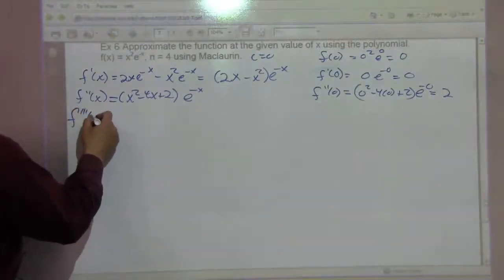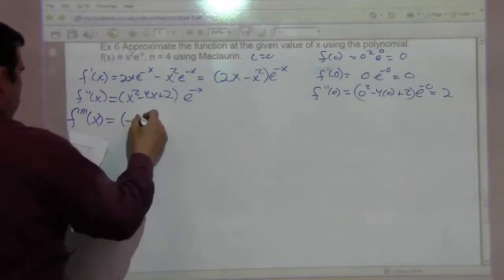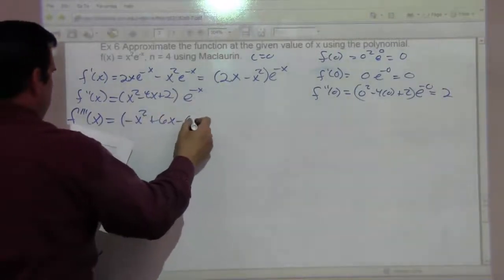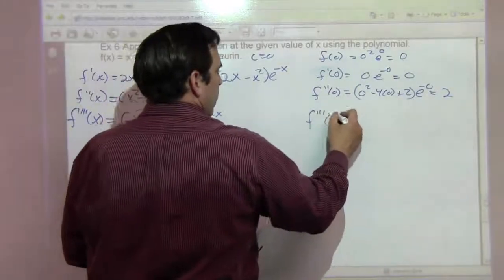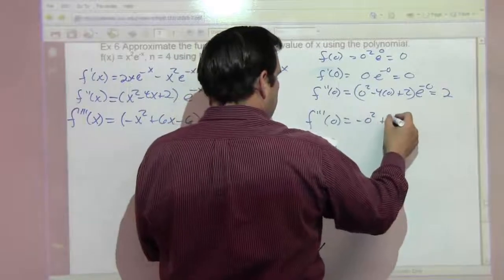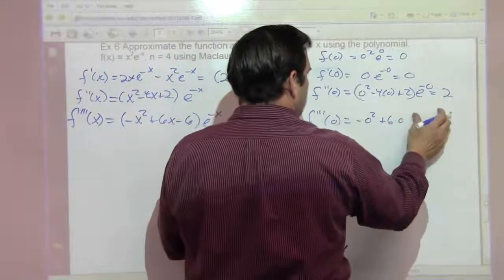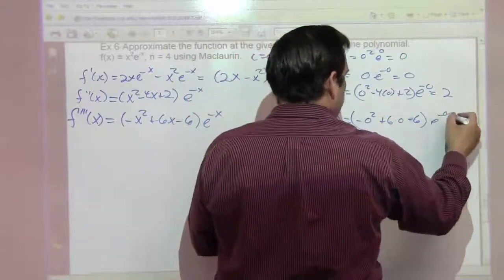The third derivative of f of x is going to be negative x squared plus 6x minus 6 times e to the negative x. So the third derivative at 0 is going to be negative 0 squared plus 6 times 0 minus 6 times e to the negative 0, which is negative 6.